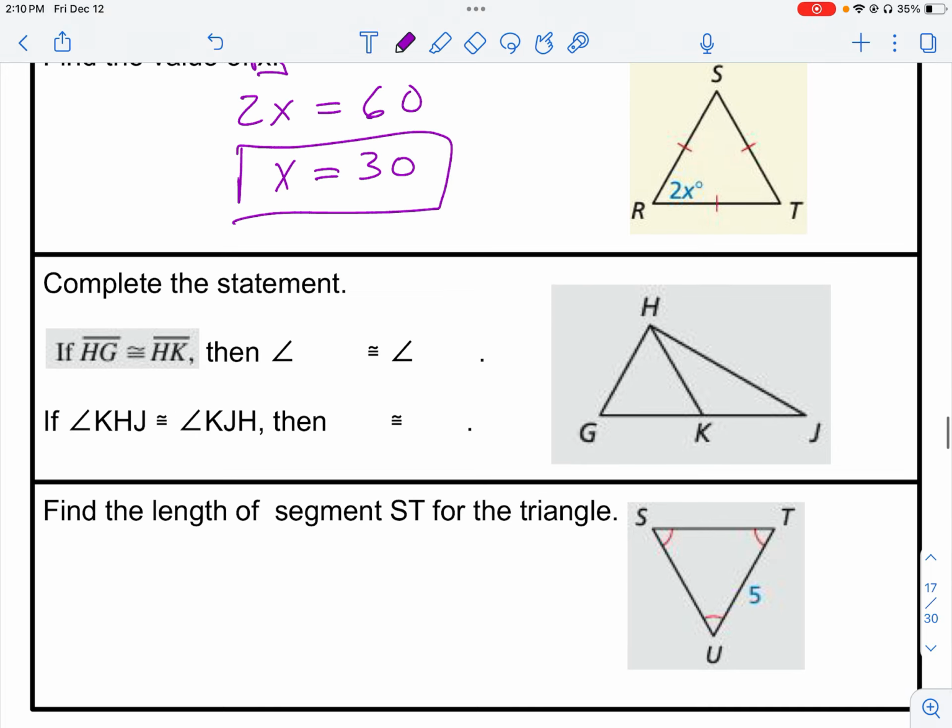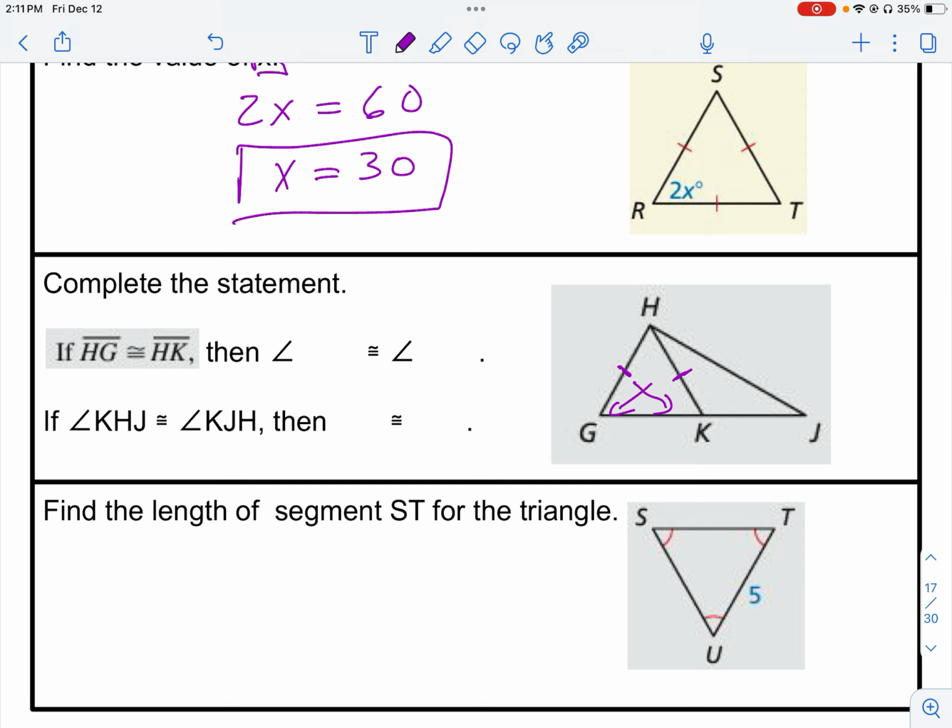All right, so on this next one, we got to think a little bit and work our way through what's going on. So if HG and HK are congruent, then what angles do we know?